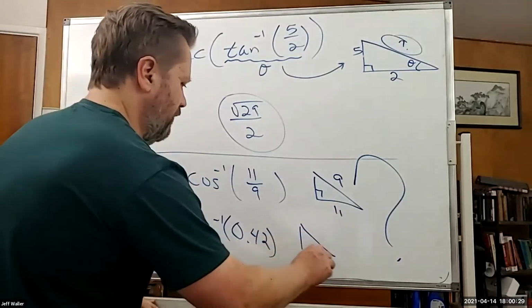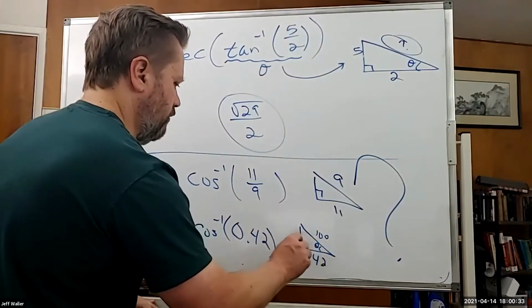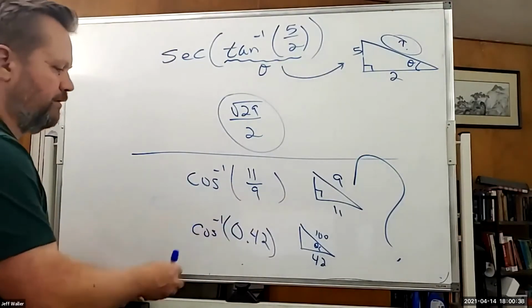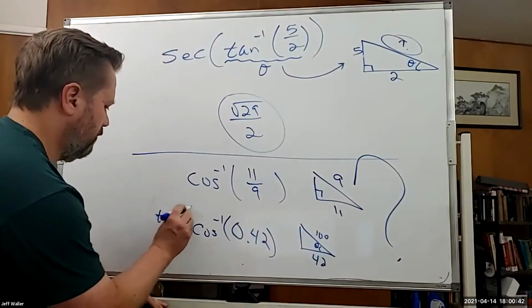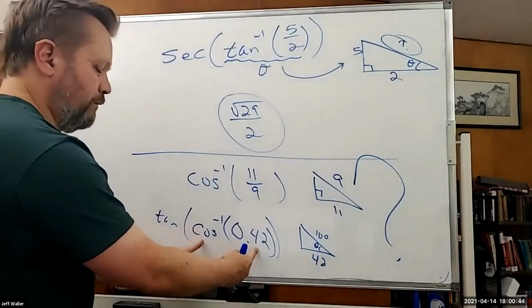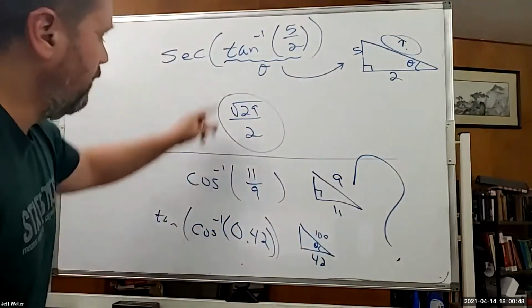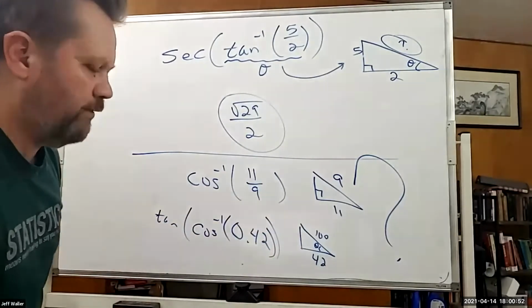Yeah, 42 over 100. So there's my angle, and then, oh, that was clever. I really didn't have any idea. Obviously what I mean is a problem like this. Because you can't really do this without putting it in the calculator, I'll give you that. But I meant in one of these kinds of problems. Okay. So now you can do whatever you need to do for whatever's out there.